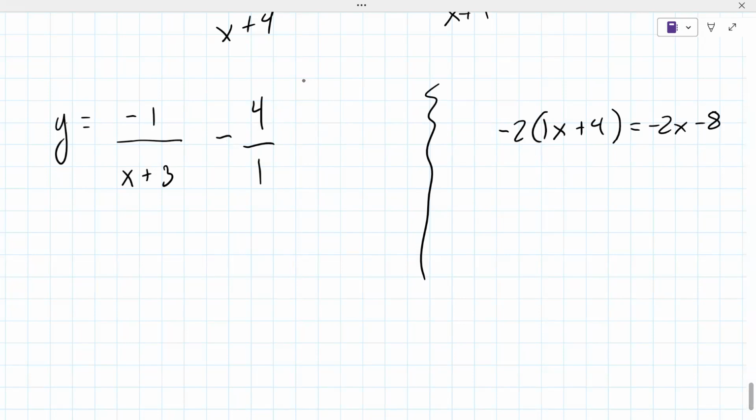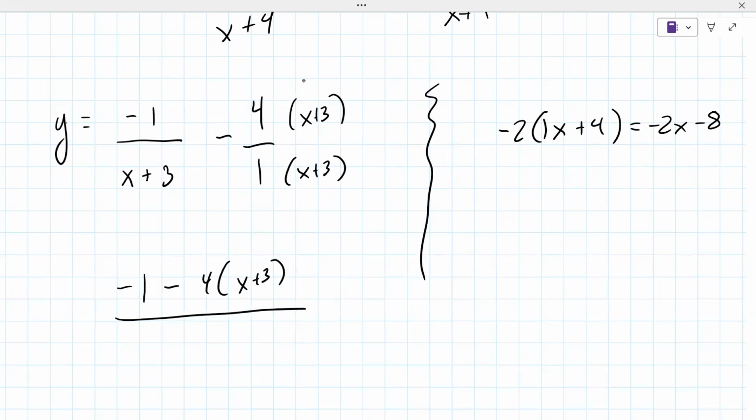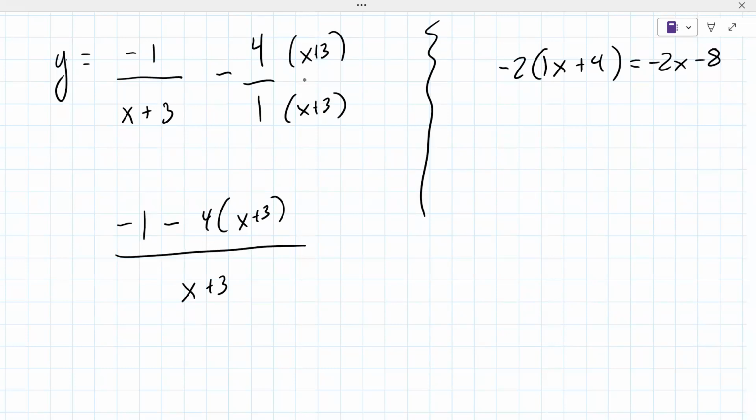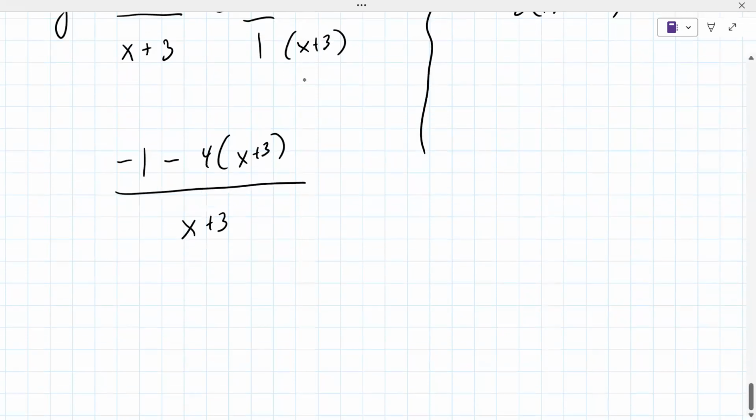Now, maybe there's a possibility that you wrote the correct answer but said the wrong thing. The good news is you're not graded verbally in math. But this becomes, you scroll down here, -1 minus 4x minus 12. Do you have anything like that written for the top? Yeah, you do. Good. So these are the like terms.